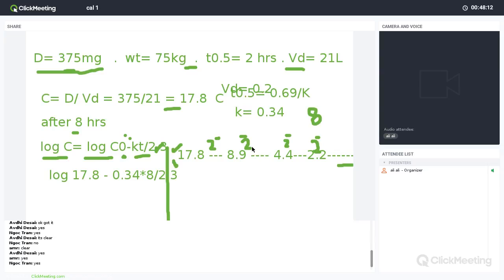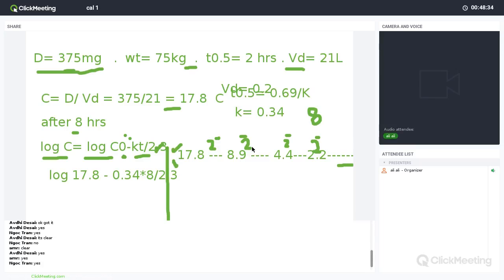I need 1.18, and I'm also calculating the value of log 17.8, which is 1.25.